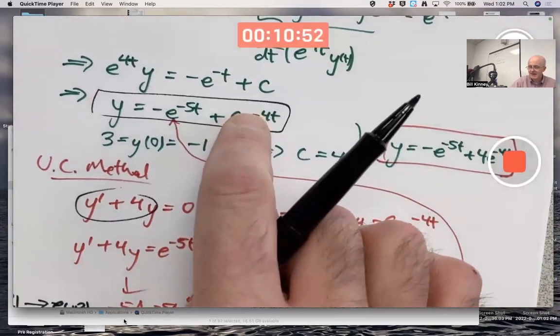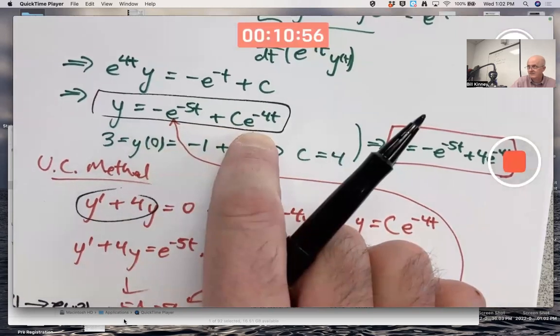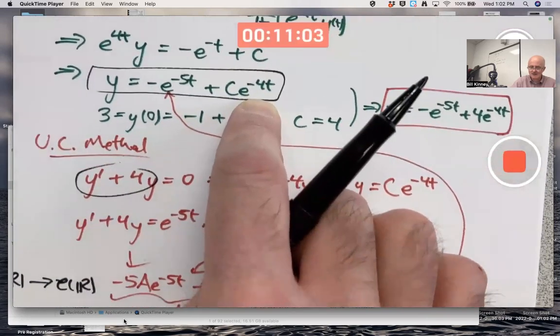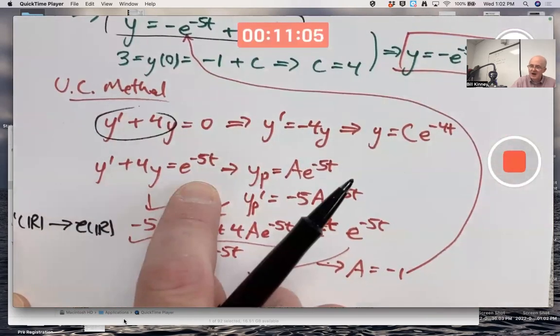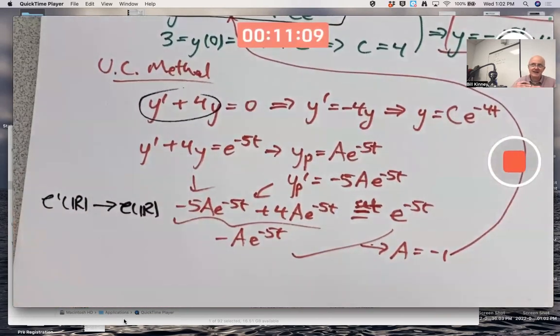This one's not a subspace because it doesn't include the zero function. No choice of C will make this the zero function. So yeah, that's the solution space, so to speak, of this non-homogeneous equation, but it's not a subspace in the official sense of that. It's kind of like a shifted subspace, so to speak.